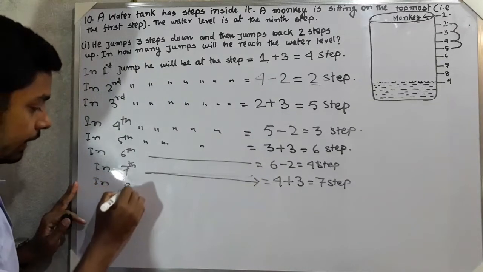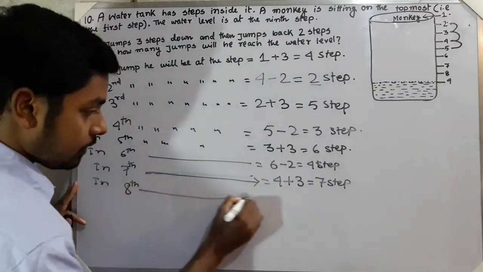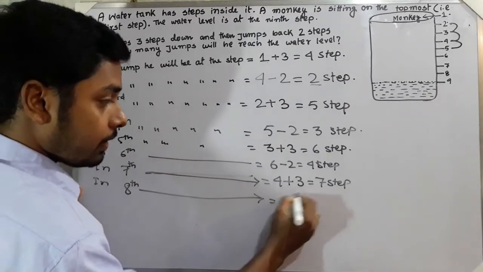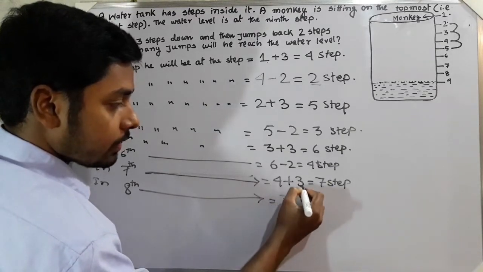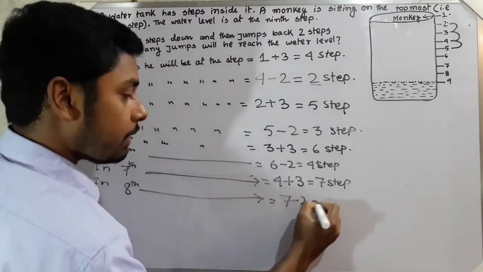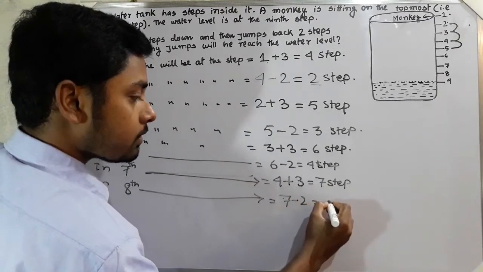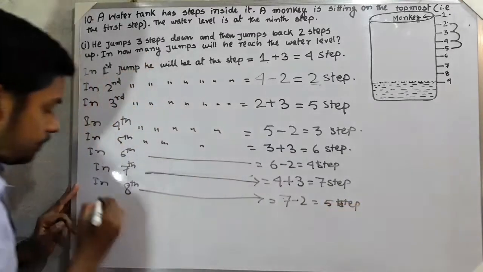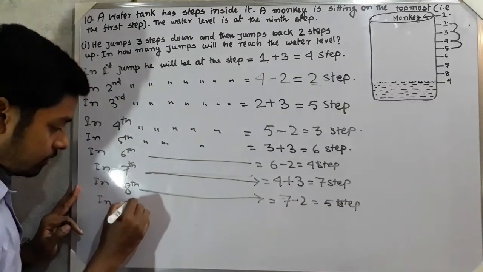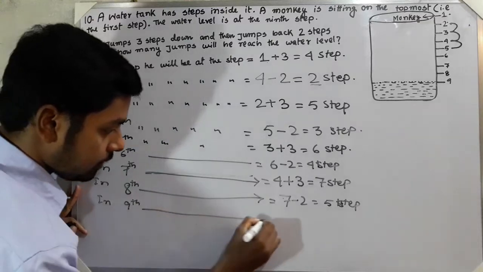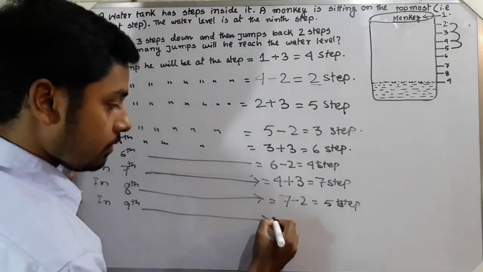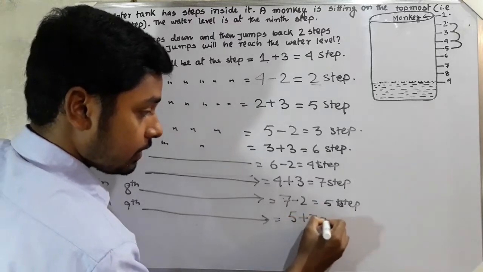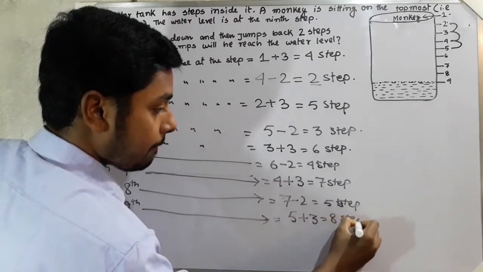In the 8th jump he will be at 7 minus 2, that means the 5th step. In the 9th jump he will be at 5, then plus 3, the 8th step.